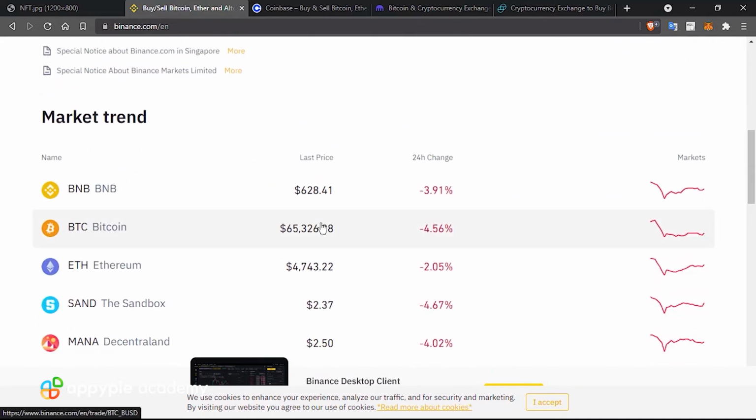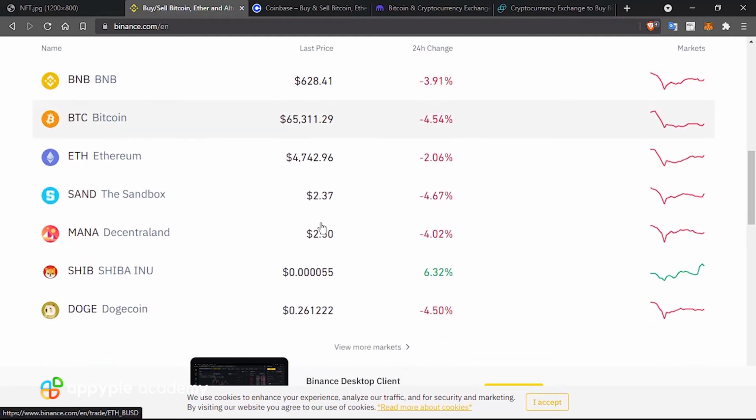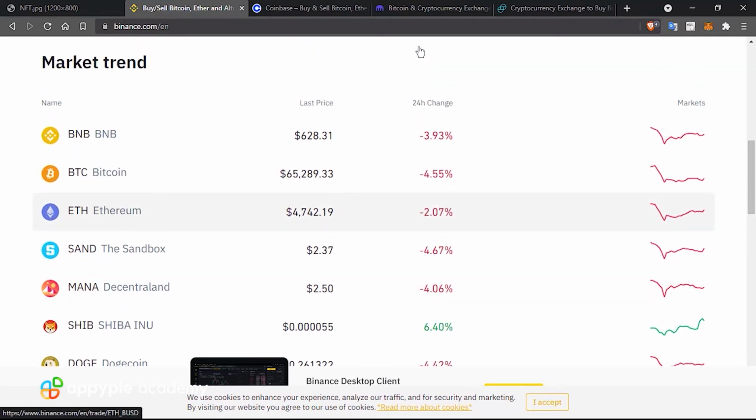And you can see here in the market trend right now, you can see the prices of Bitcoin in the last 24 hours are roughly down. So you can see an Ethereum or one Ether is roughly $4,740, and in the last 24 hours this has decreased by roughly 2%.